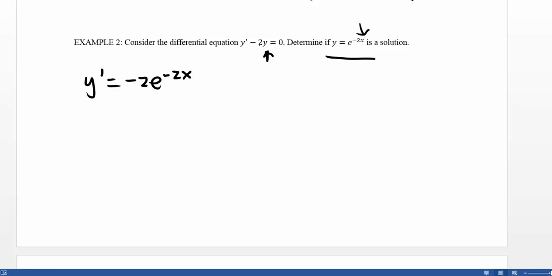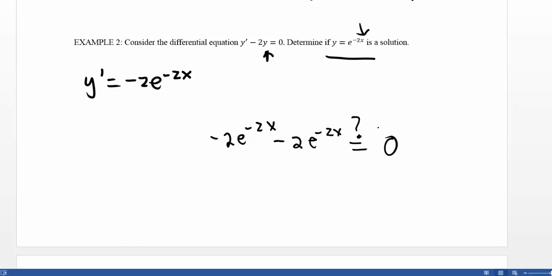So I'm going to do y prime first, so negative 2e to the negative 2x minus 2 times y, so e to the negative 2x, and I want to know, does that equal 0? Now, it's a little deceptive here because you see two terms, they look the same, it looks like they could easily cancel out, but they don't.